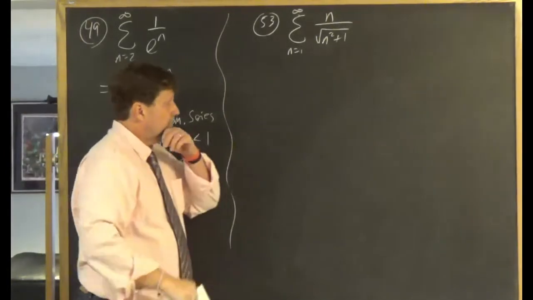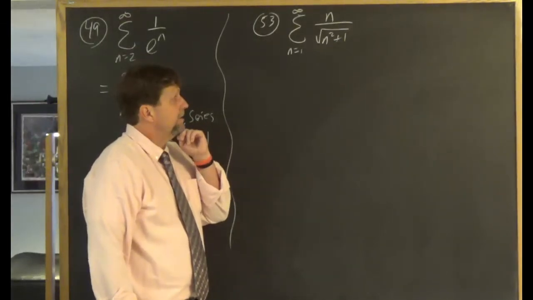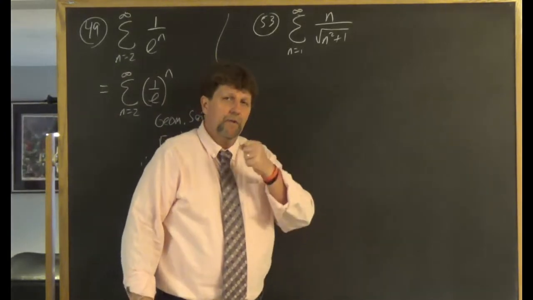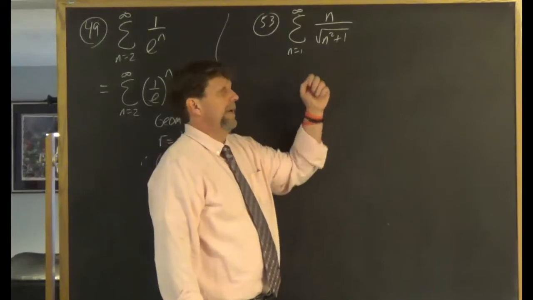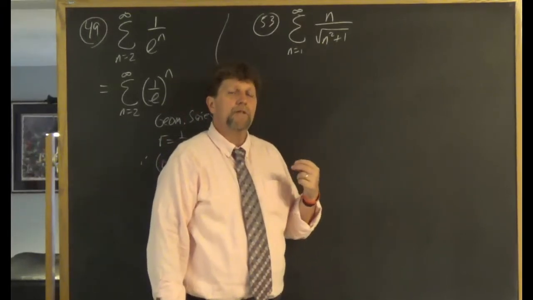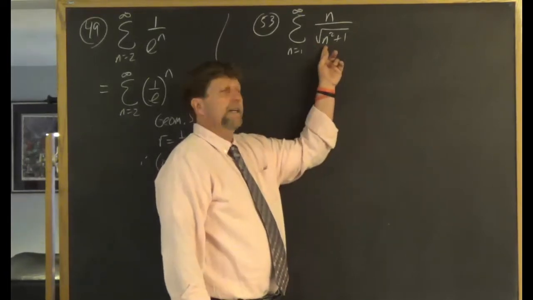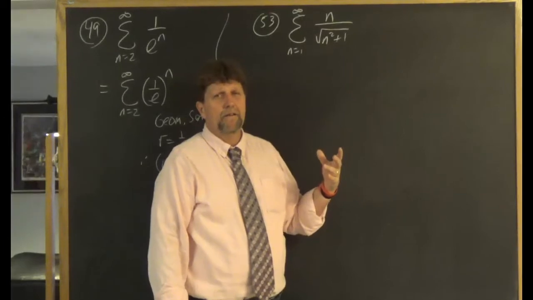53. So when I look at 53, my gut feeling is it diverges. And here's how I'm analyzing it. Look at the denominator here. You have the square root of n squared plus 1. As n heads off to infinity, as n gets incredibly large, this plus 1 is really doing nothing.